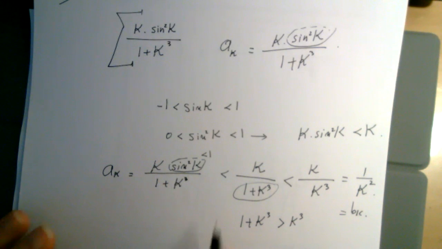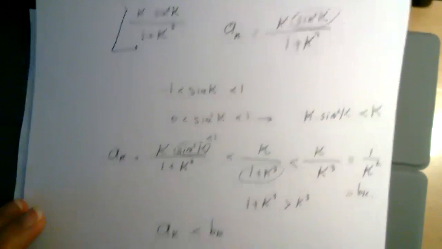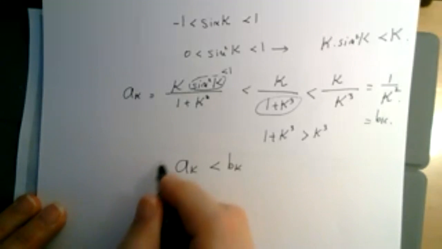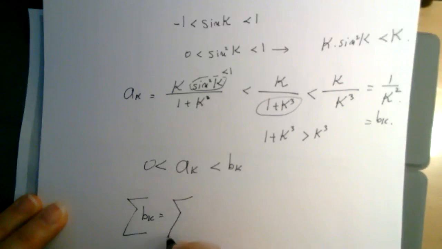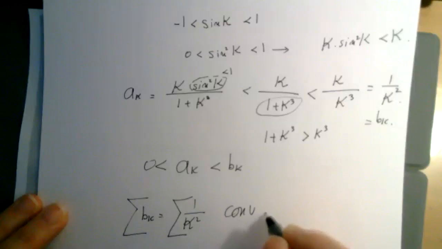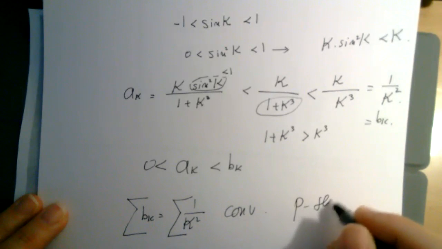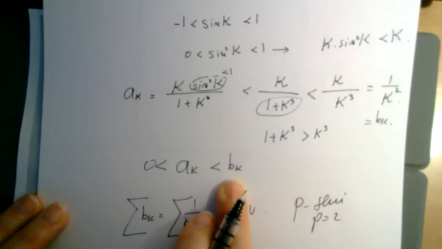So now I have a_k is less than b_k, and everything is positive. But what do we know about b_k? Sigma b_k is sigma 1 over k squared. This one converges because it's a p-series, p equal to 2. So the larger one converges.